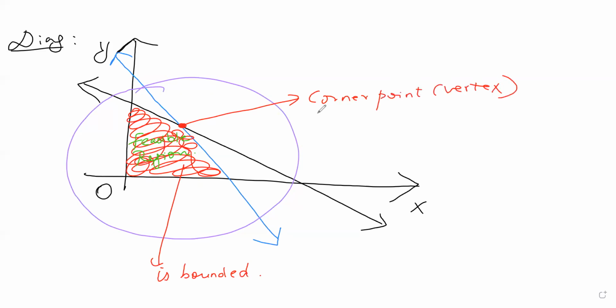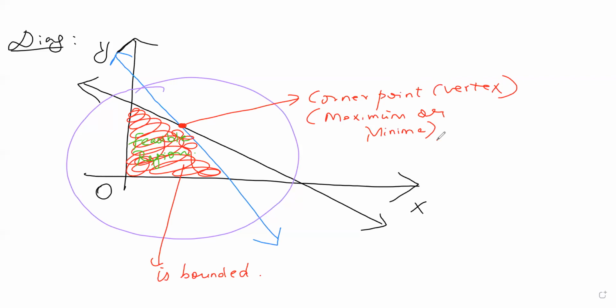And theorem 2 says that this point will either be a point of maxima or it will be a point of minima for the objective function. That means, given that the feasible region is bounded, the corner point will either cause the objective function to be maximum or it will cause the objective function to be minimum.